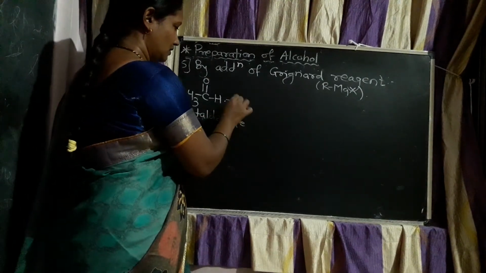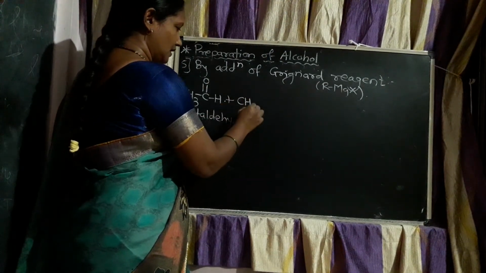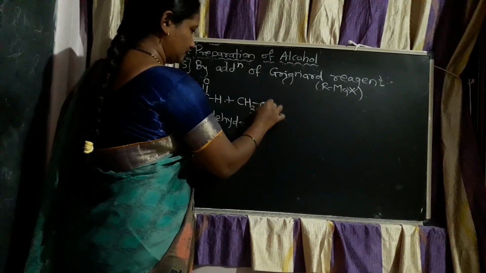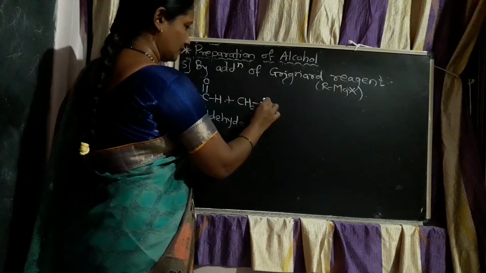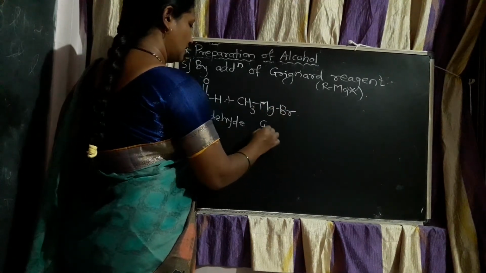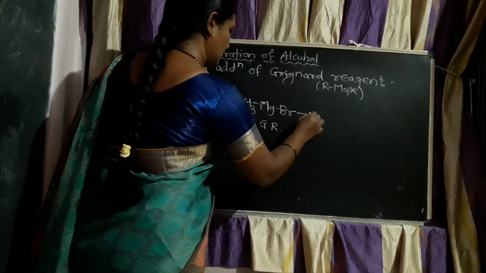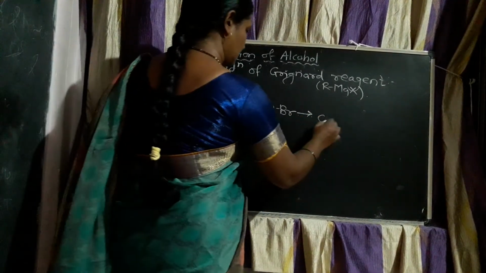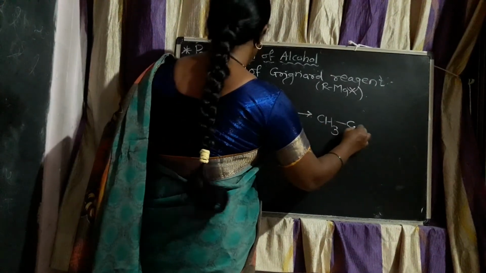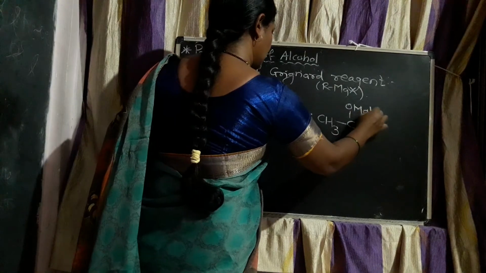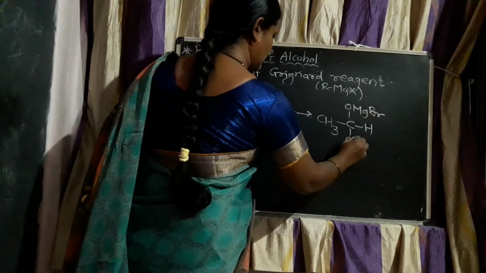Now this on reaction with Grignard reagent, CH3MgBr, first forms the addition product CH3CH(OMgBr)CH3.